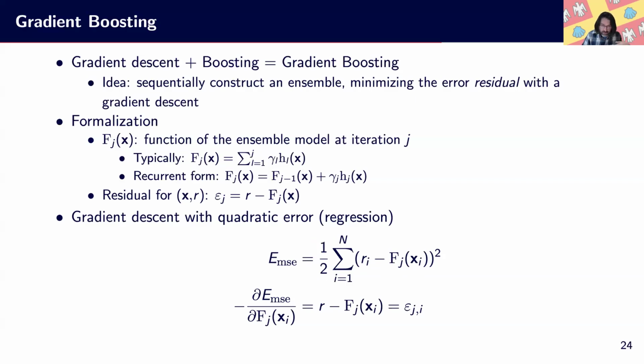The derivative of that, so if we do gradient descent, we have minus the partial derivative of the error over the current ensemble, and that corresponds from this equation here directly to the r, the real output that we want, minus the ensemble output. And this gives us the residual for the ensemble at step j with data sample i, x_i.